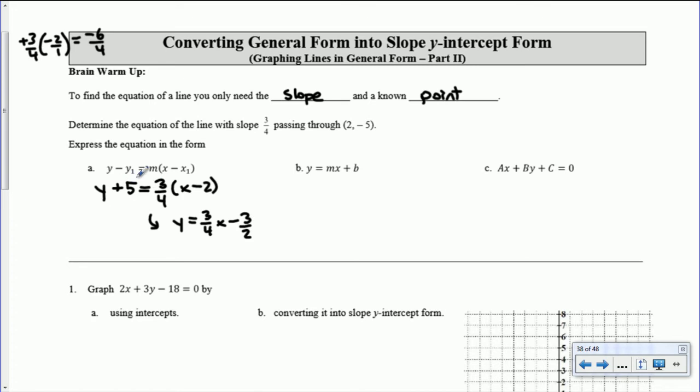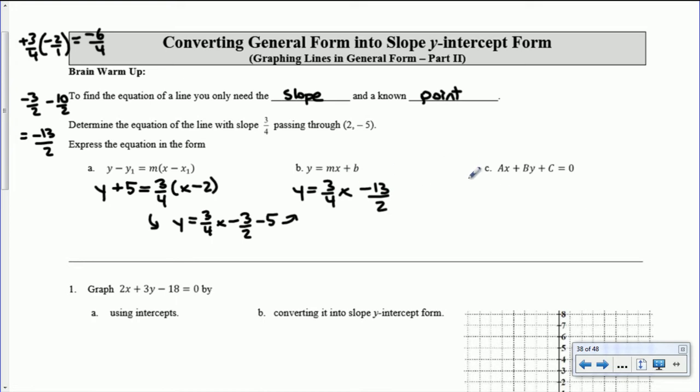Then don't forget to subtract 5. Now -3/2 subtract 5: 5 is equivalent to 10/2, so -3 subtract 10 is -13/2. So these constants simplify to -13/2, and we get y equals 3/4 x minus 13/2.